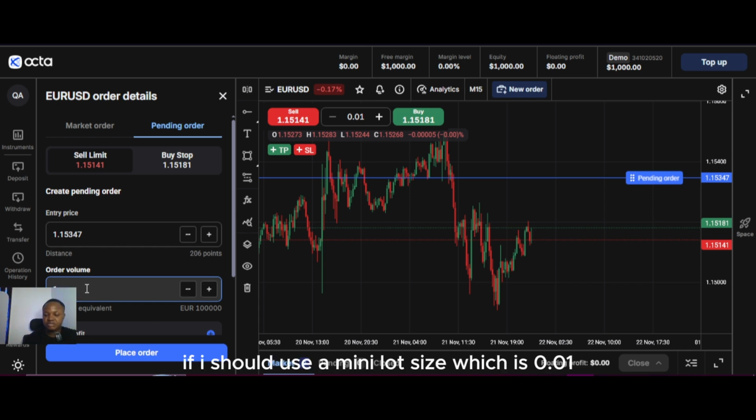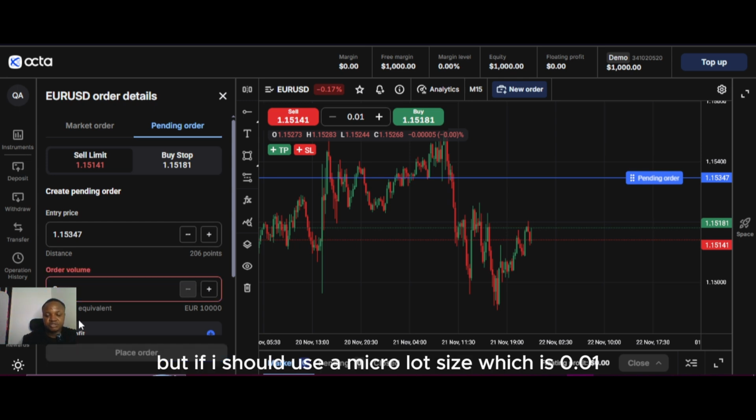If I use a mini lot size, which is 0.1, as you can see down here, it says I'm about to sell 10,000 euros.